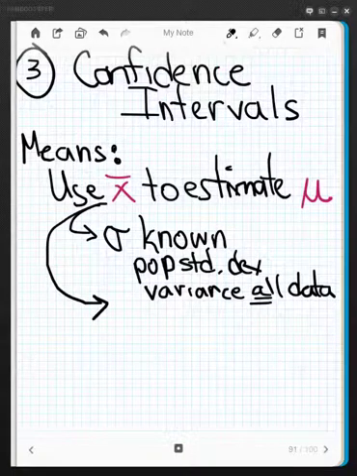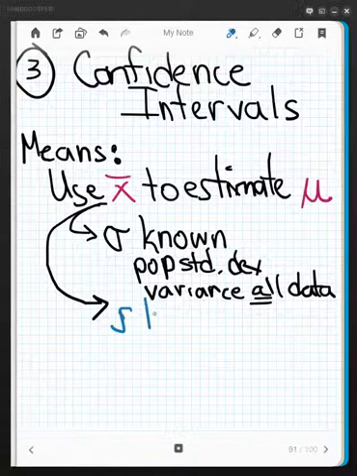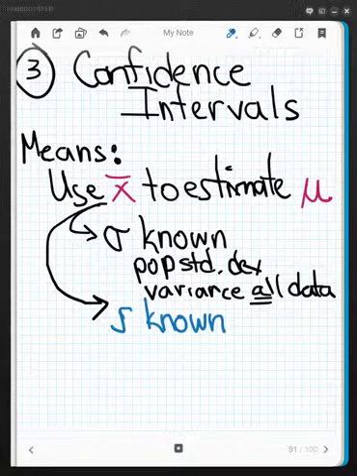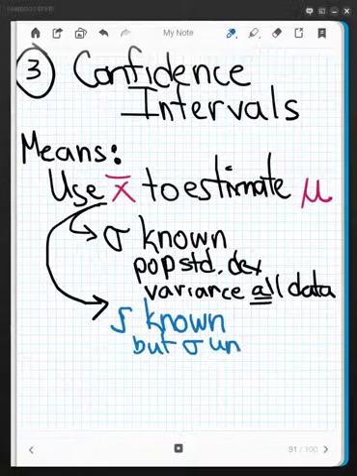The other choice is that you have the standard deviation of the sample known. Sometimes you might not be told that straight out, you might have to compute it. But the big deal is sigma is not being told to you. Sigma is unknown.